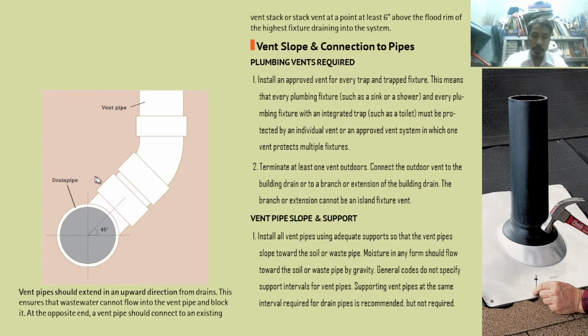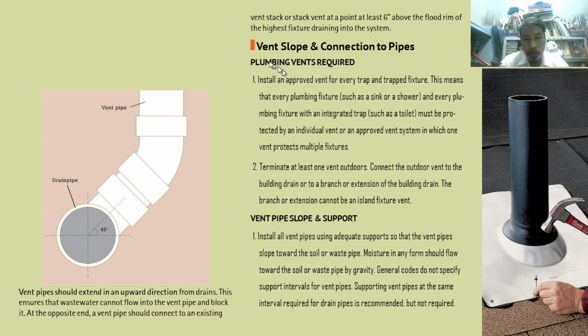We always need this air so that the noxious air and explosive gases get out, and at the same time we break the negative pressure that may build up inside the pipe. Without this, negative pressure may build up.